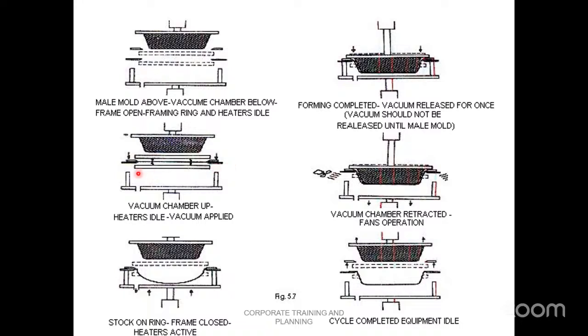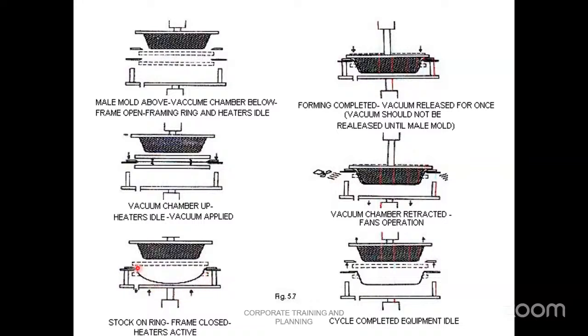Now the sheet is completely heated here. Where is the sheet, sir? The sheet is this, this black one. The sheet is here, and here are only heaters. Both heaters are there. The sheet is here, and here is a male mold, and the vacuum is applied here.